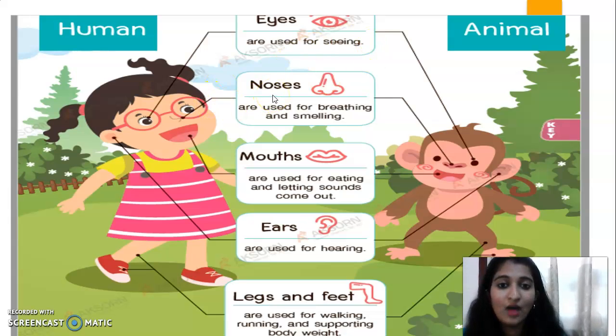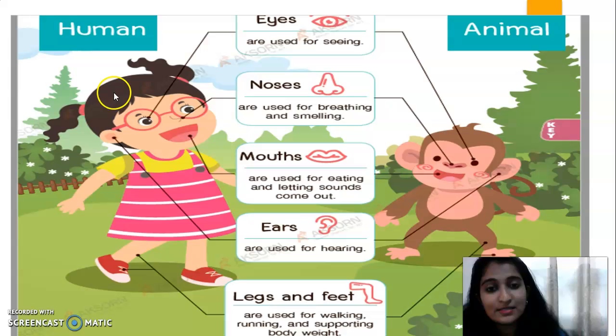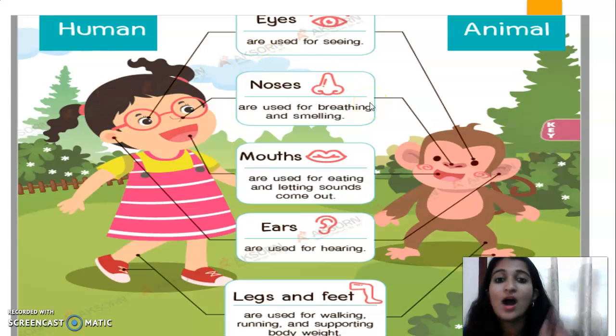Next, we have one nose. Where is your nose? We have one nose. Animals and humans both have a nose. Where is the nose of the animal? Here. The nose is used for breathing.